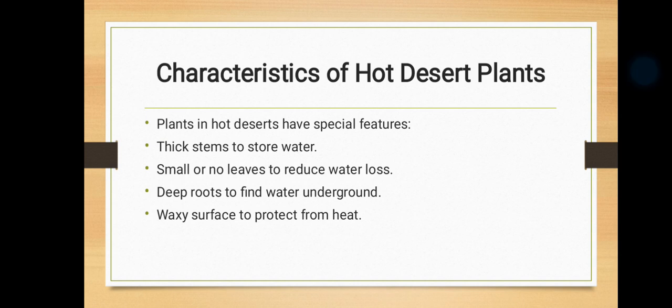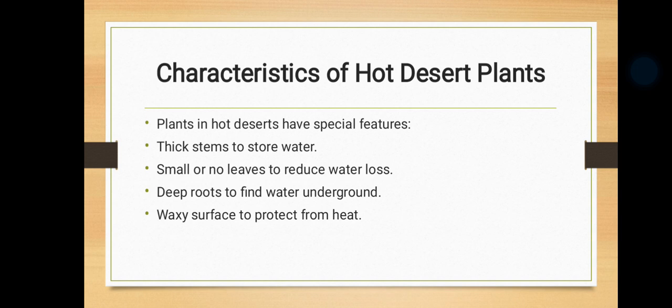Plants in hot desert have special adaptation to survive. For example, they often have thick stems to store water, as you know about the cactus plant, and they have small leaves or no leaves to reduce water loss.